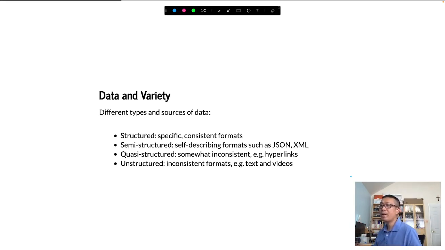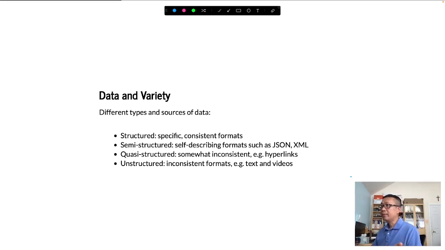They are also semi-structured data, in the format of JSON or XML, right? They are quasi-structured data, somewhat inconsistent, and then finally there are unstructured data, where there's no consistent format, right?